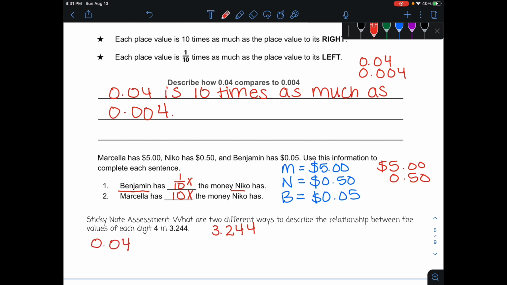So 0.04 is 10 times as much as 0.004. And then another way we could write this is basically the reverse of that.